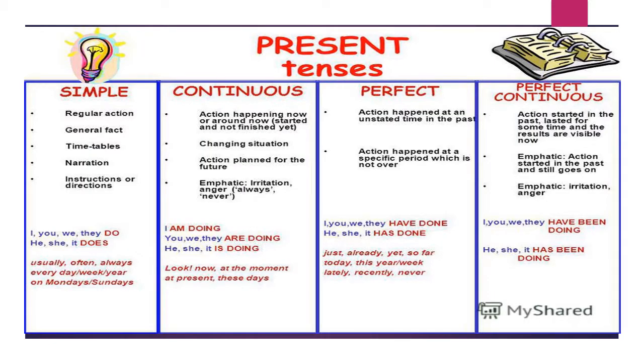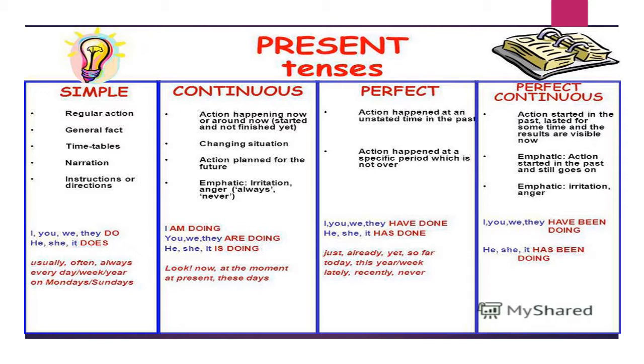As you can see on the sheet, there are several present tenses. Simple, use that one for regular action, a general fact, or referring to a timetable. The continuous always refers to an action happening now or around now. We have the perfect.